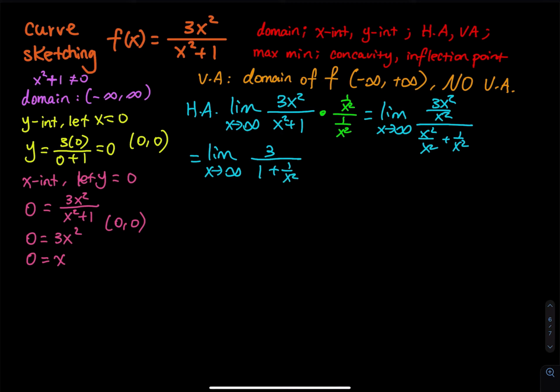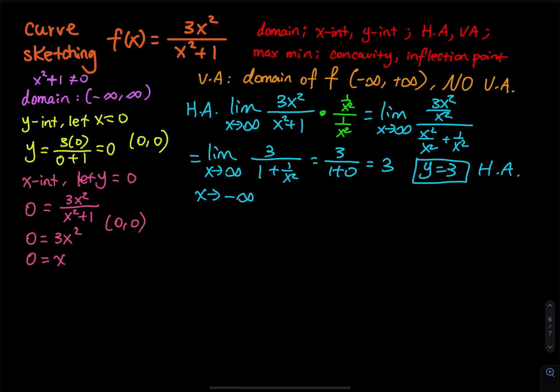Once x goes to infinity, the fraction becomes 0. Then you have 3 over 1 plus 0, so that equals 3. Then y equals 3. This is my horizontal asymptote. If you let x approach negative infinity, you will get the same thing. y approaches 3. So overall, y equals 3 is my horizontal asymptote.